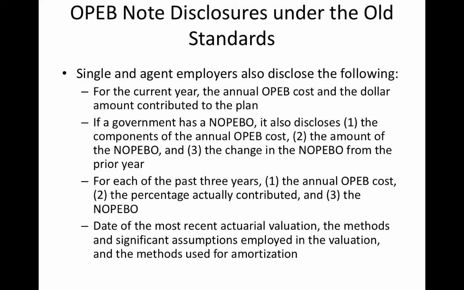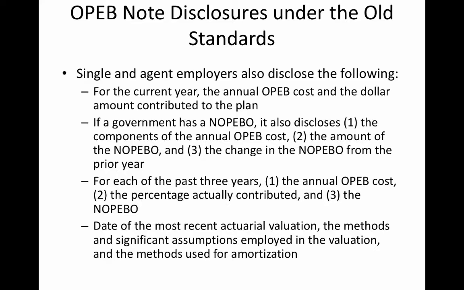Under the old standards, there was a lot of descriptive disclosure about the nature of the plan and the types of benefits that were provided. In addition to that, they would disclose what the annual OPEB cost was and the dollar amount that was contributed to the plan for the year.